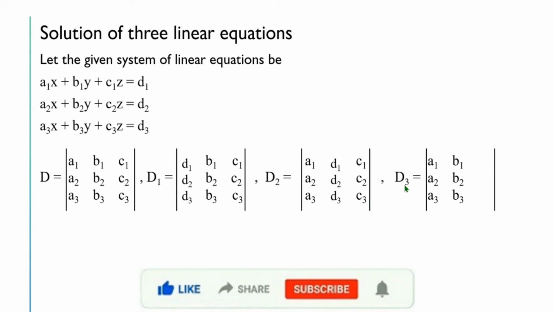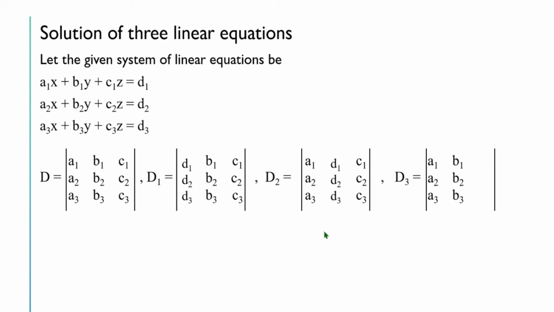Now the next determinant is D3. Here we will have the same determinant D, except that in place of the coefficient of z term, we need to replace it with the constant terms D1, D2, D3. So we have A1, B1, D1, A2, B2, D2, A3, B3, D3.